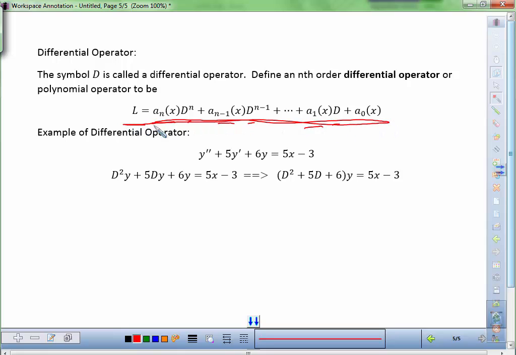It's not a typo that you don't see any y's in there. That's the point. The point is that you don't see any y's in there because you can leave y on the outside, and then you can multiply? No, multiply is not the word. You can use this as an operator to apply to y, to apply to a function.